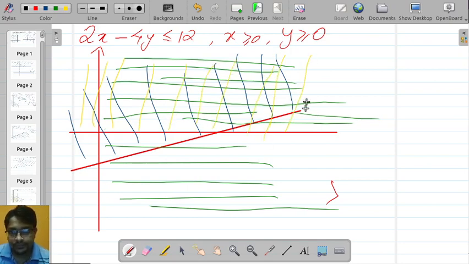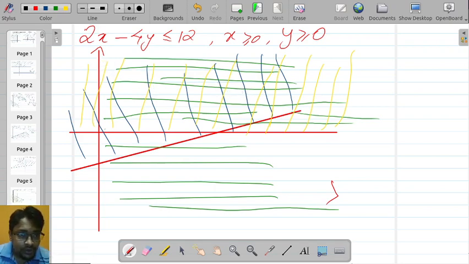Okay, so this portion, right? This is not there. Okay, this is not there, right? So which region represents all these three? Okay, in which region all the three inequations are satisfied? So you can easily see the portion which contains all the markings.